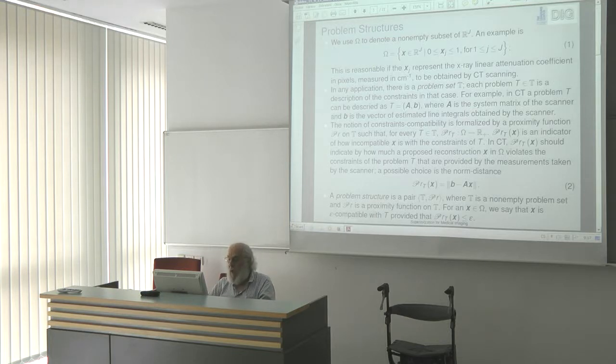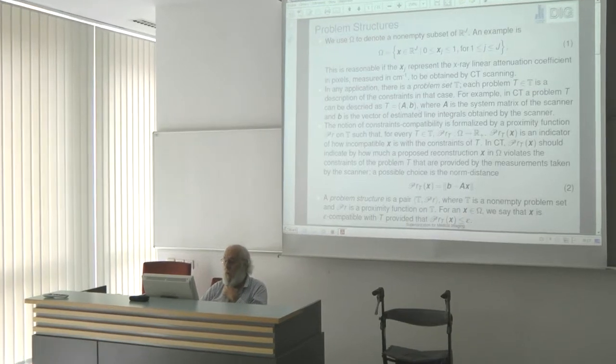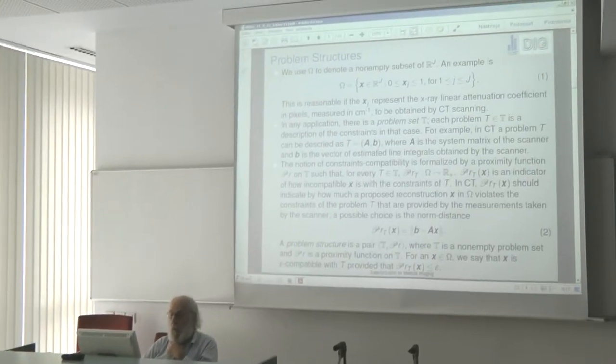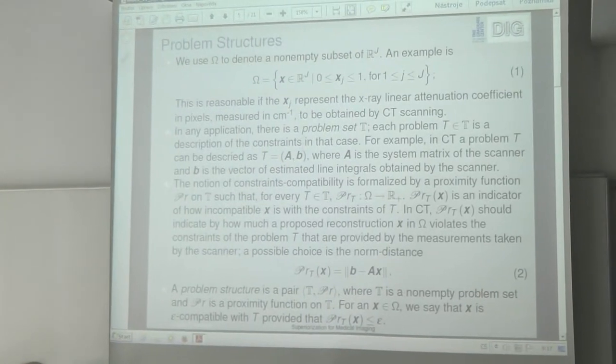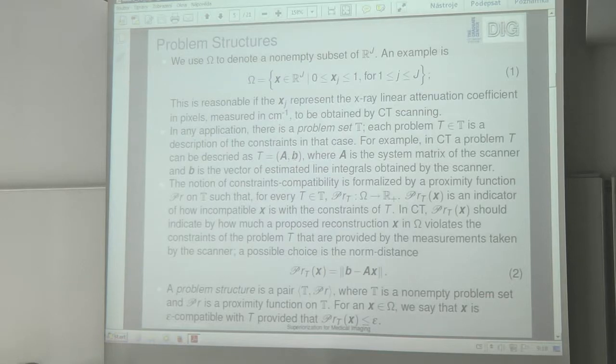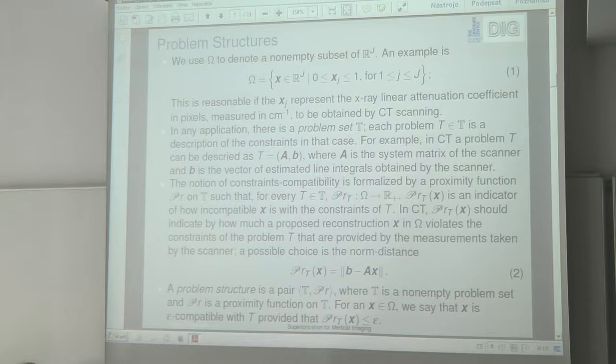So the problems in the problem set would be specified by a pair, A, where A is the system matrix of the instrument that you're using, and B, where B is the measurement vector provided by that instrument. So what you are looking for is algorithms which, for any system matrix and any measurement vector, will give you some constraint compatible element in omega.